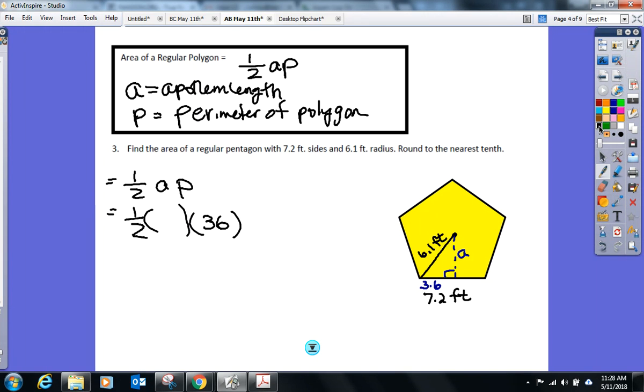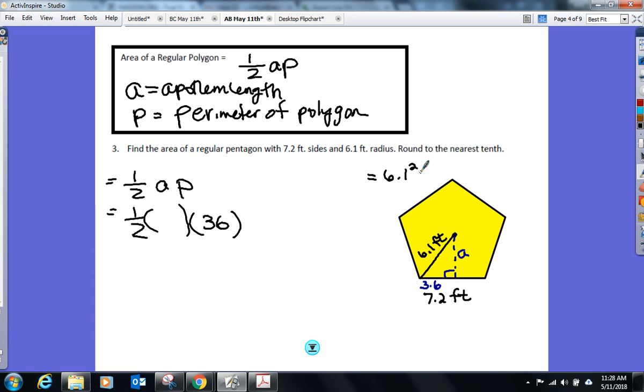Okay, what's Pythag going to look like? What's the 6.1 acting as? Hypotenuse, yep. So 6.1 squared is equal to a squared apothem plus 3.6 squared. Are we at the end of the problem when you find the apothem?